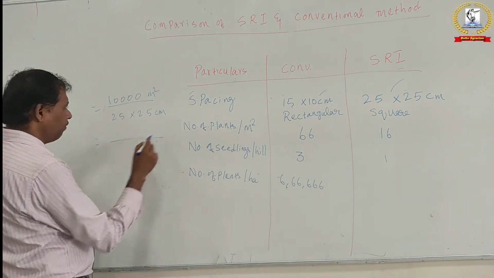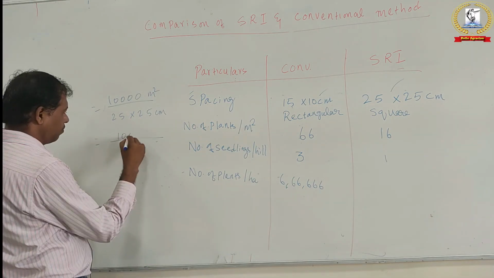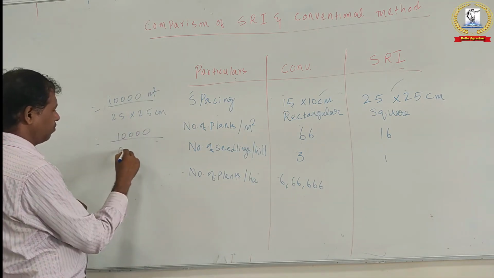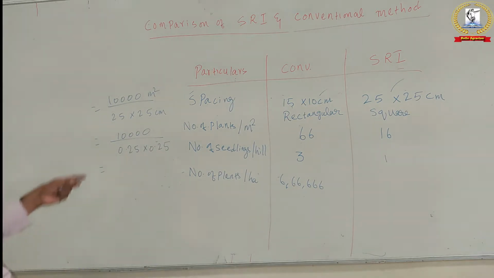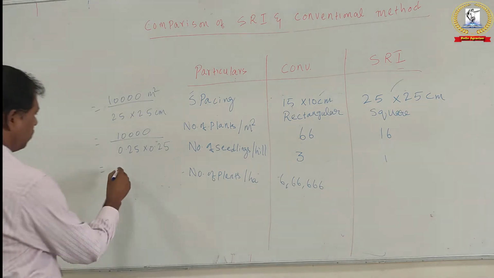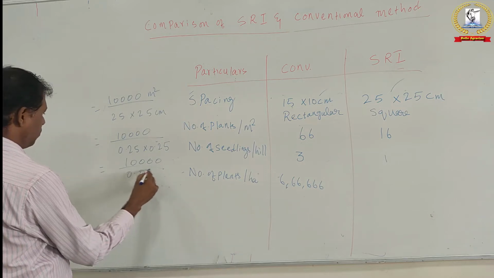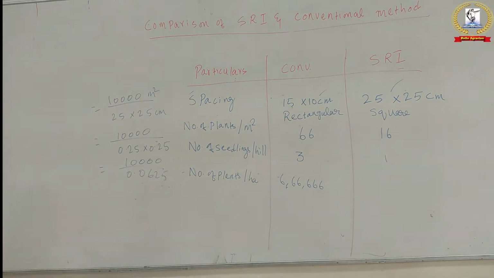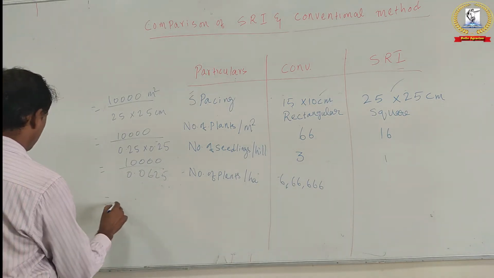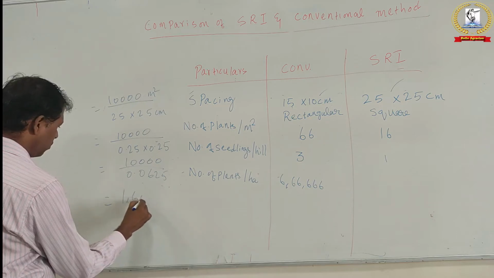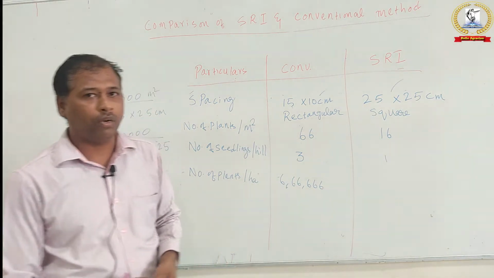So, now this will become 0.0625 and the answer will be 1,60,000 plant population.